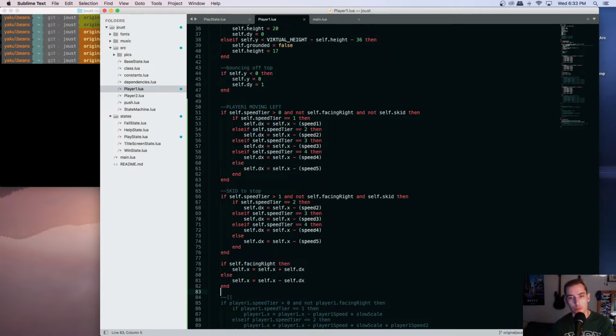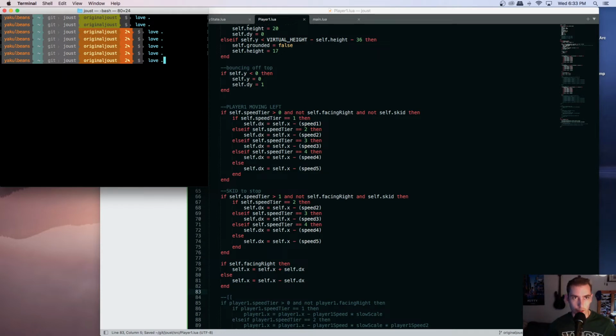Yeah, so now what that gives us is now x is being shifted according to its dx. Well, according to its current position and its velocity, which is good because then we can, well, let's see if it even works.